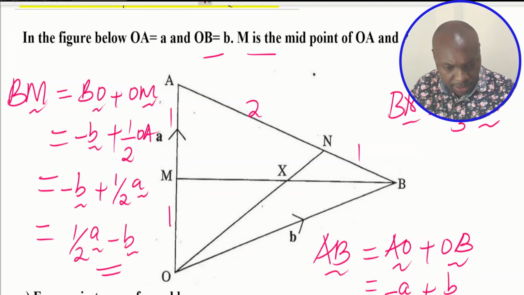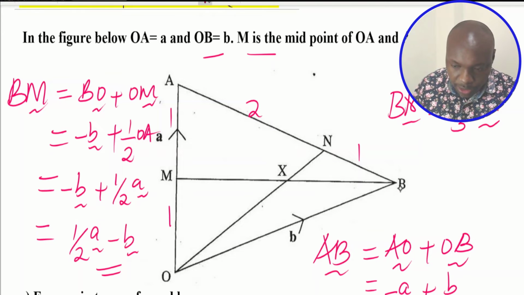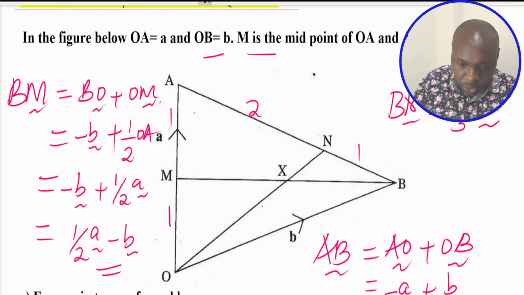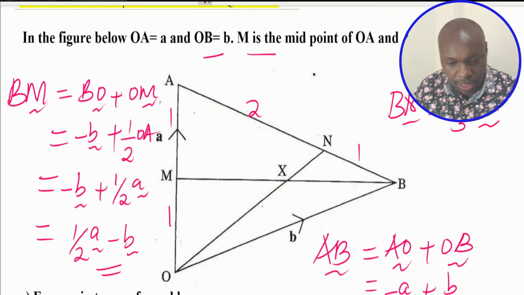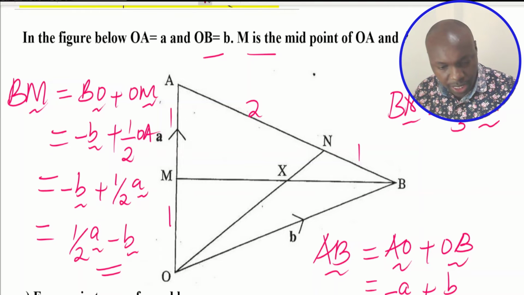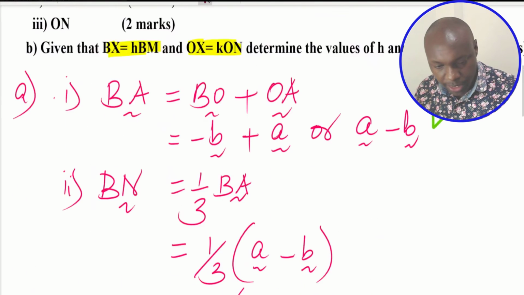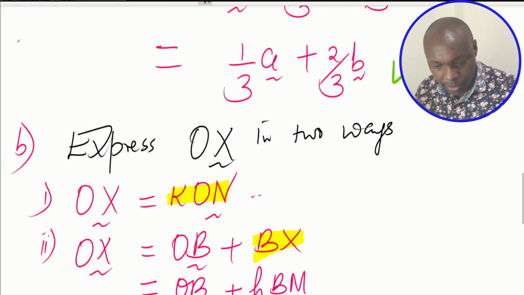So that is how we get vector BM, by using the route B to O, then O to M. So BM is a half A minus B.